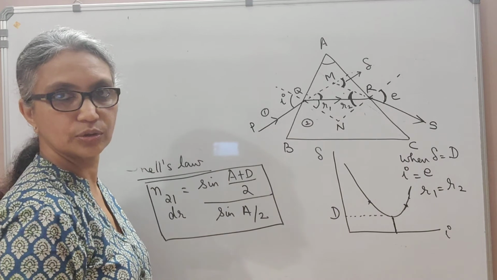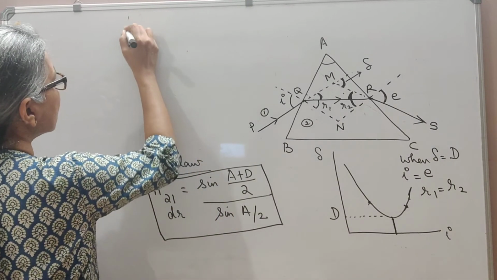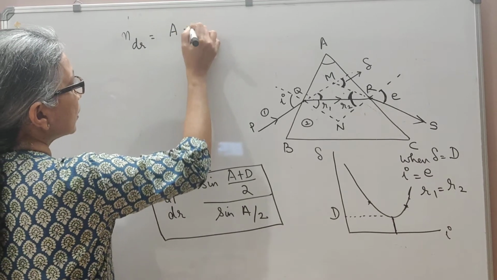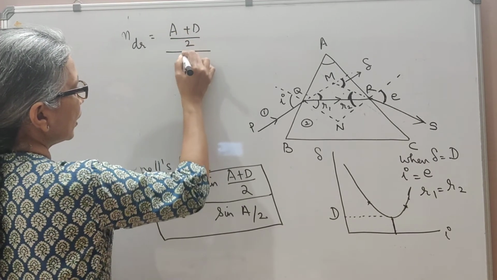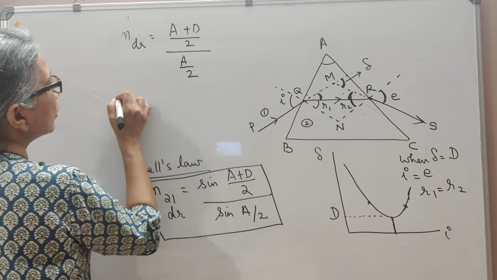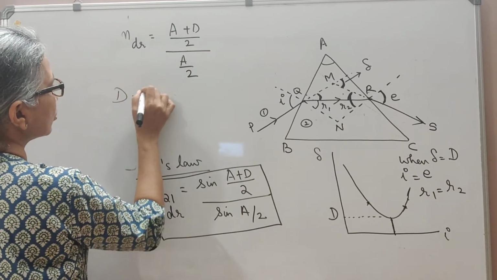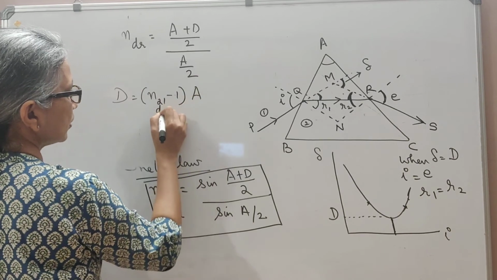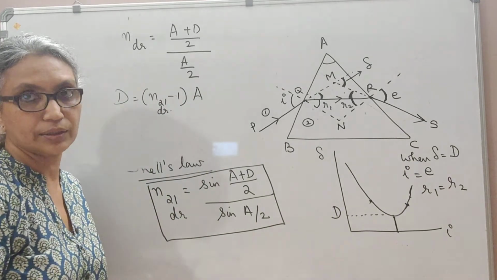So we may write N21 is equal to A plus D by 2 by A by 2, or you may write D is equal to N21 minus 1 into A, where this is denser with respect to rarer.